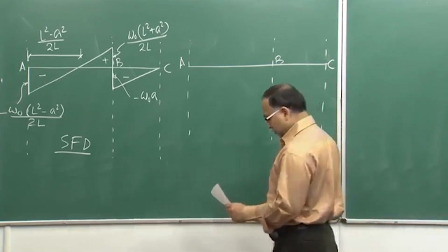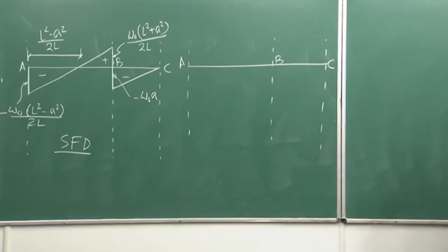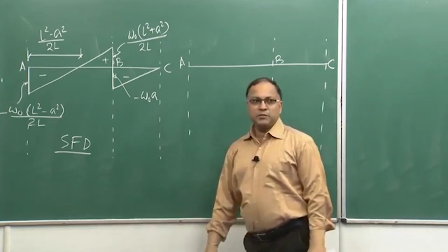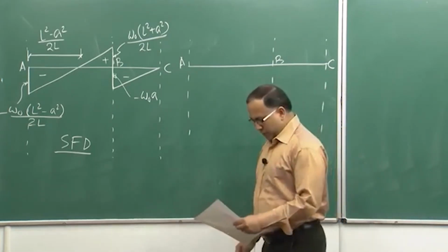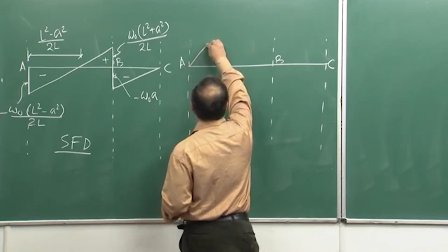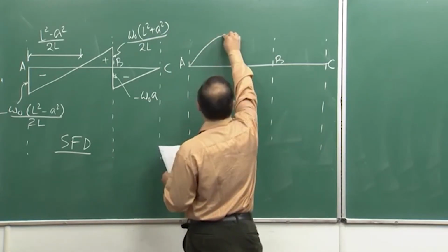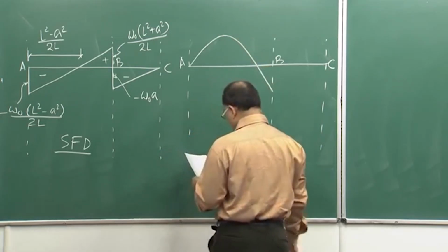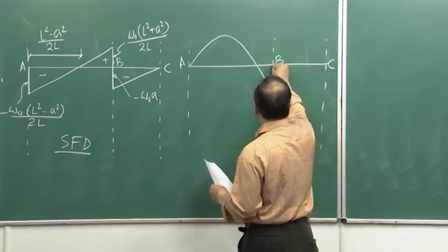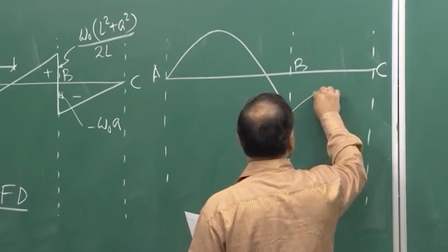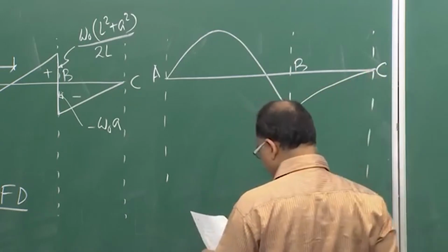So, first the free body diagram of the beam, then just below it the SFD, and then below that the BMD. Now for bending moment at A, what was the value of bending moment? Simply 0, and that goes to some maximum value and becomes 0, and gets some value at B, and again at C it is 0.